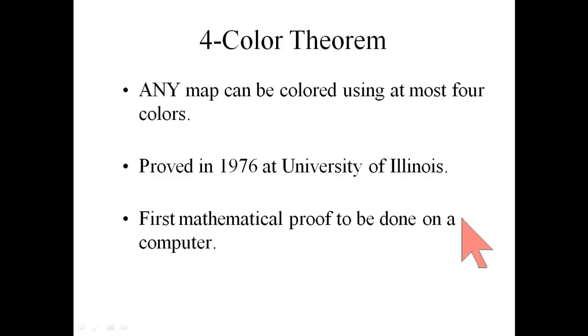But it was a very complicated problem. And so nobody was able to do that until 1976. And these two gentlemen at the University of Illinois were also not able to do the proof, at least by hand. What they did was succeed in breaking down the problem into an enormous number of special cases, thousands of them in fact.